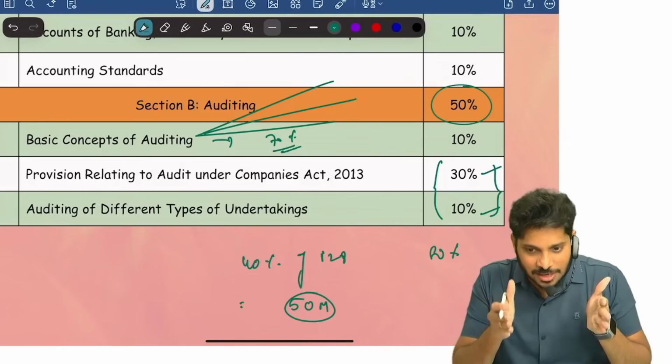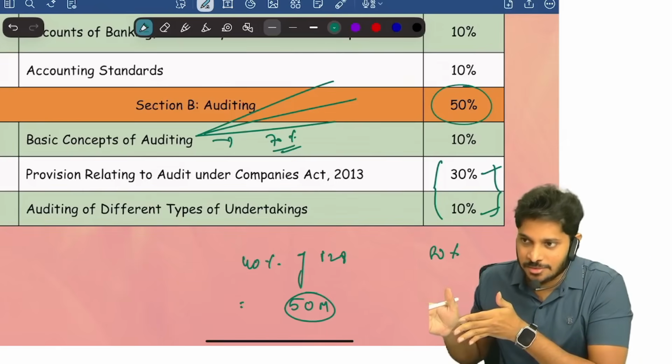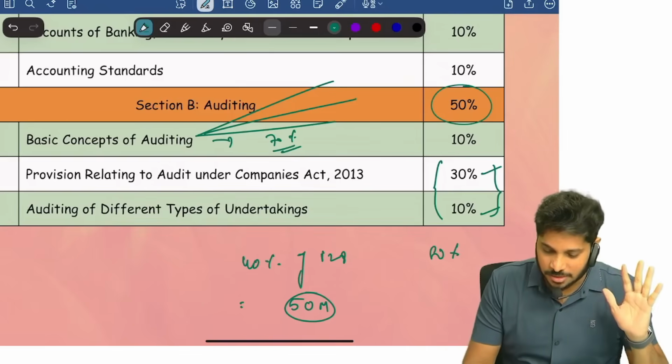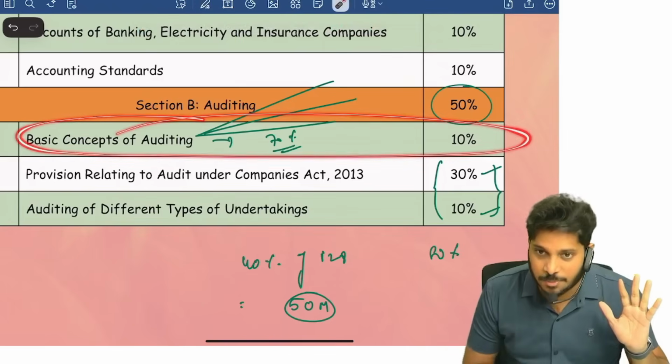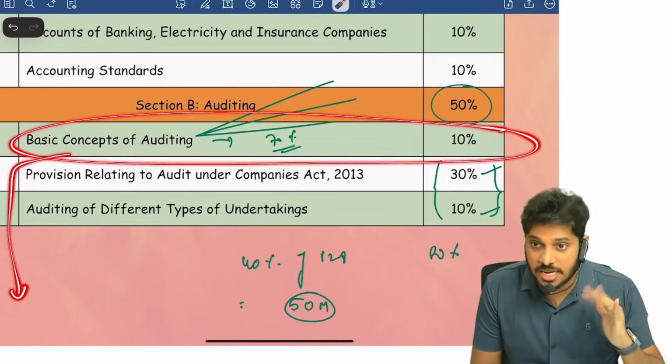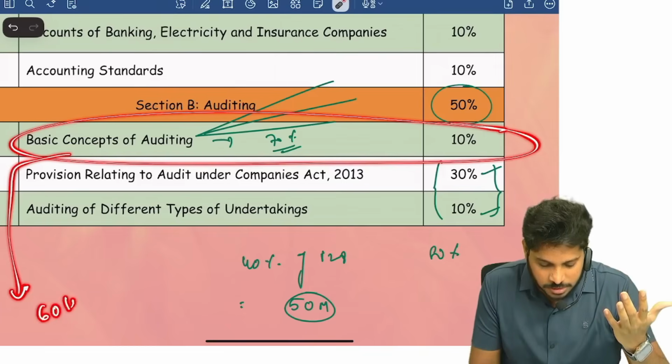All these are independent chapters in CA Inter. So only these first chapter related topics were there, right? We will be discussing these topics in CA Inter at an in-depth level for approximately 60 hours.